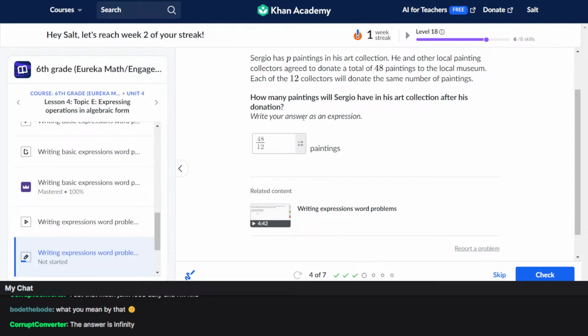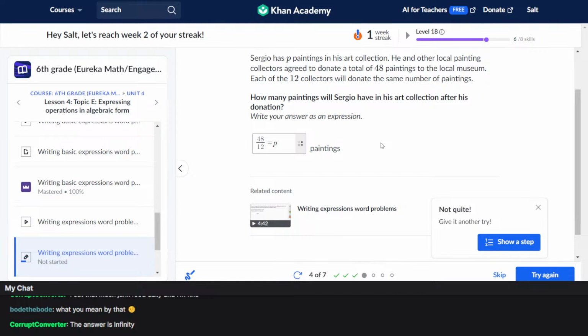Wait. This doesn't look right, though, because there should be a P in here. Am I missing something? Because I feel like it's going to be wrong. It looks right, but I feel like it's going to be wrong. I'm about to check.